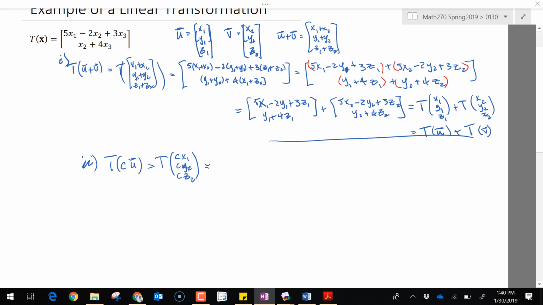And so let's put that into our transformation. So this is going to be 5 times c x1 minus 2 times c y1 plus 3 times c z1. And then the second component is c times y1 plus 4 times c times z1.